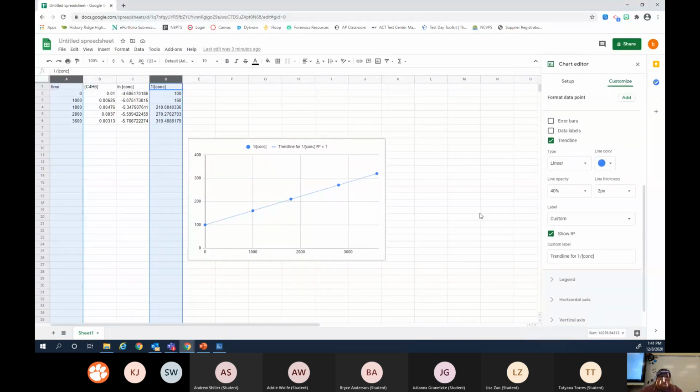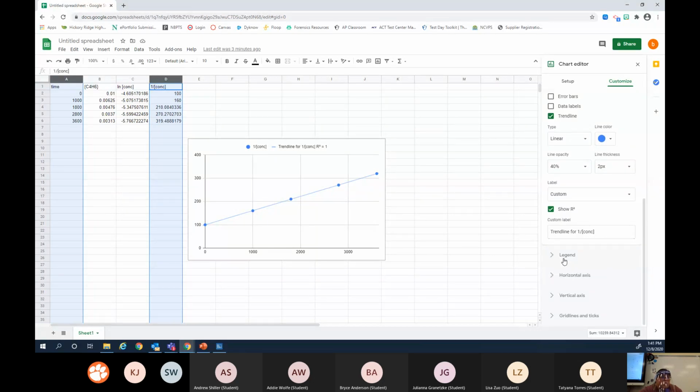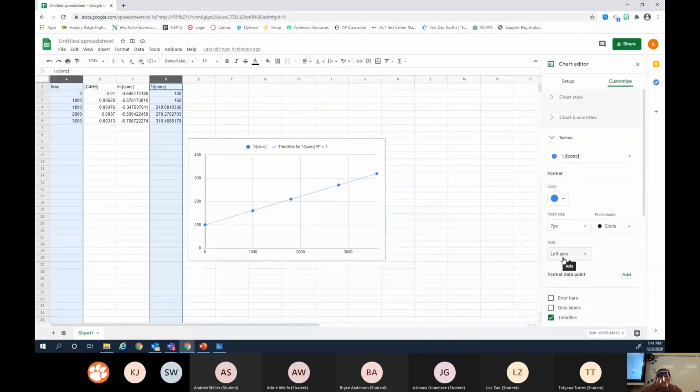I'm trying to remember how to do an equation on here.